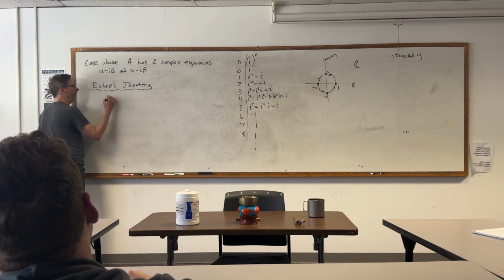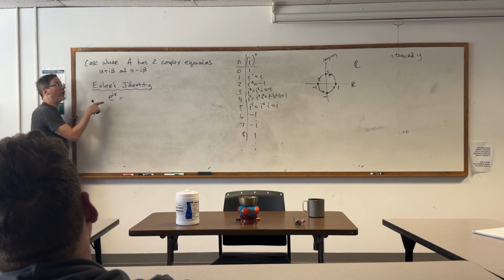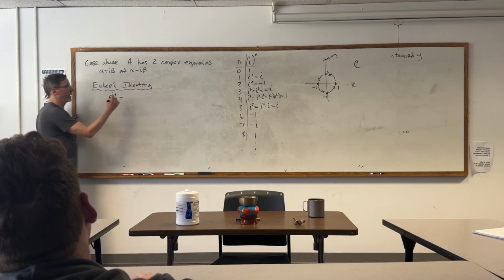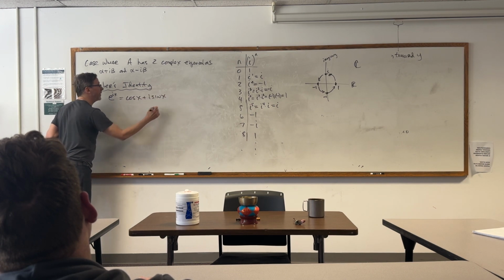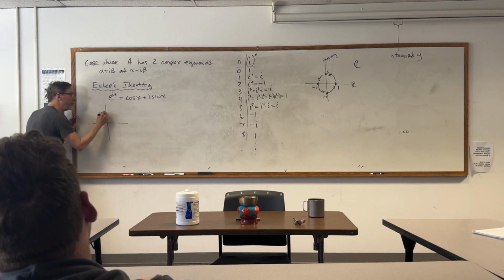So Euler's identity says that e to the ix, and x can be anything. So that's weird right off the bat. I've got e to an imaginary power is cosine of x plus i sine of x. In fact, e to the ix is just a number on the unit circle in the complex plane.